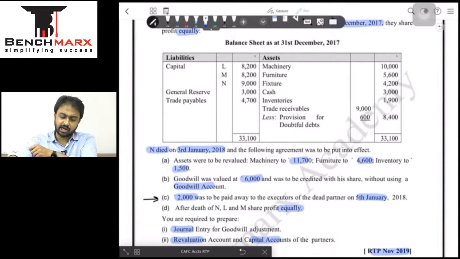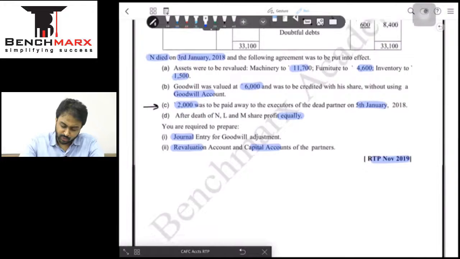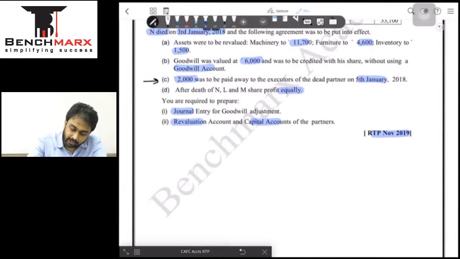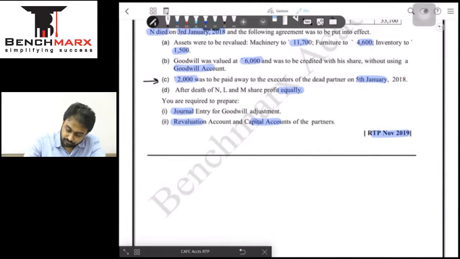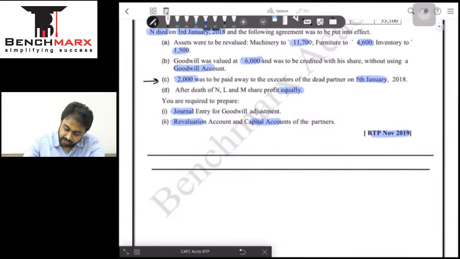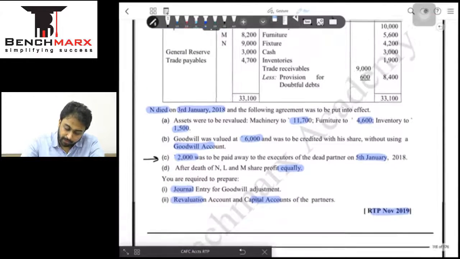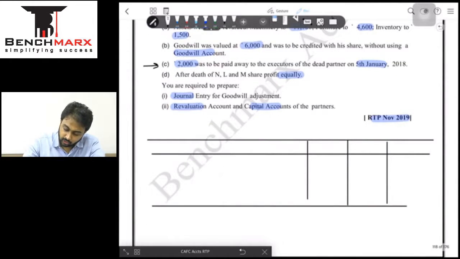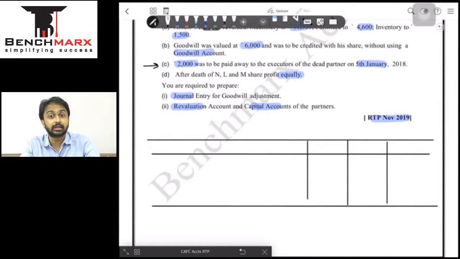So we'll directly start from the reval. We'll first start from the entry. So as I said, we have solved questions where we have used a common format to have the net entry. The common format, if you remember, is that we are going to have 3 columns for 3 partners, that is L, M and N. So we have used this common format for all the questions on goodwill adjustment.